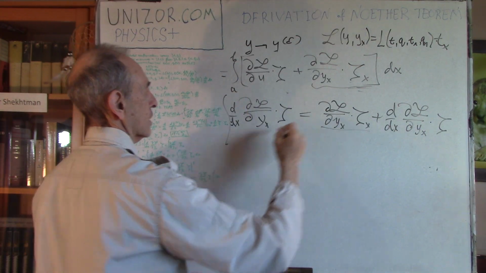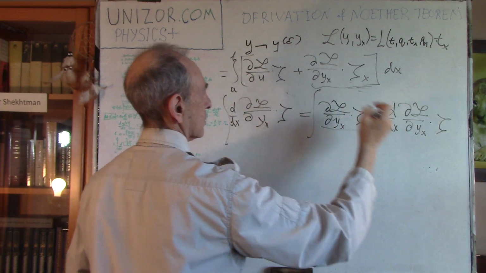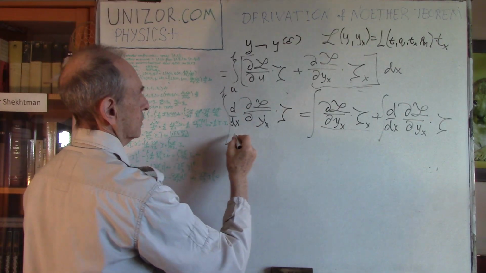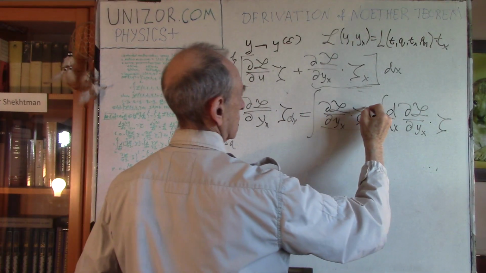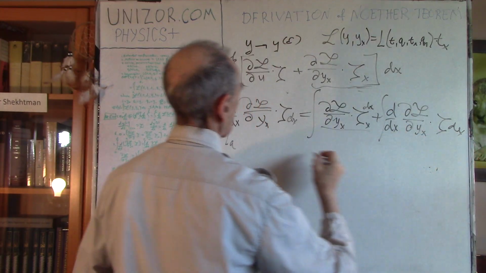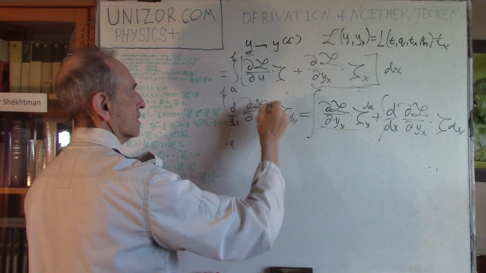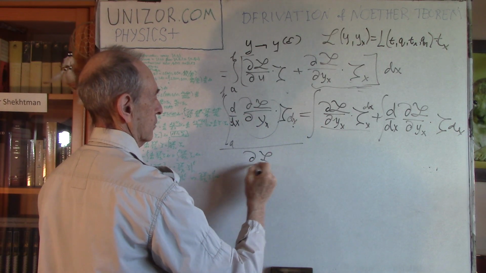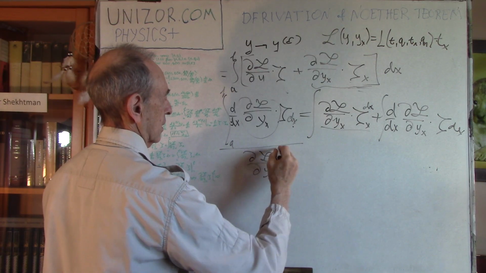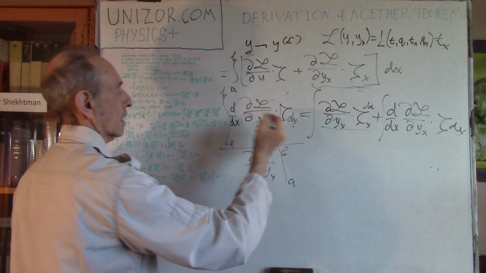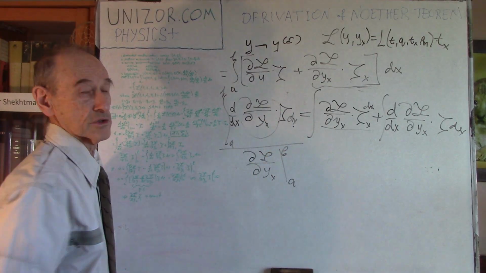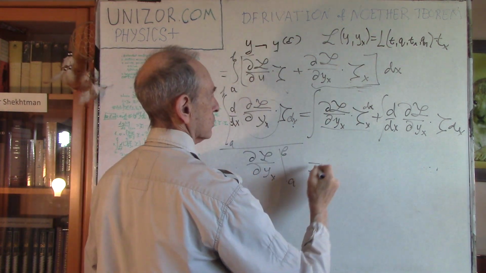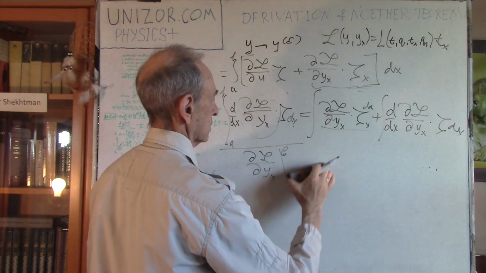Now, first we do integration, because we need the integral. This is integral, right? From a to b, by dx, obviously. Now, this is a full derivative of this times zeta, and integral. What is this? Well, we already did this integral from a to b. Integral of derivative is whatever we are differentiating, right? This is a full derivative and integration. And this is equal to, now, this I will do differently.